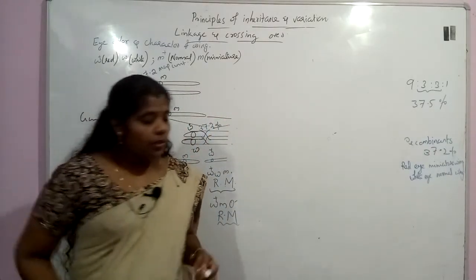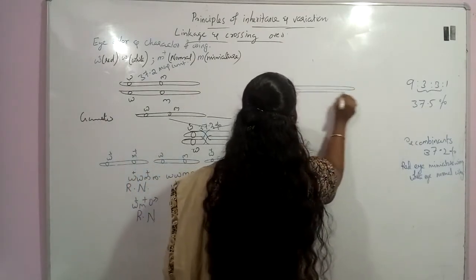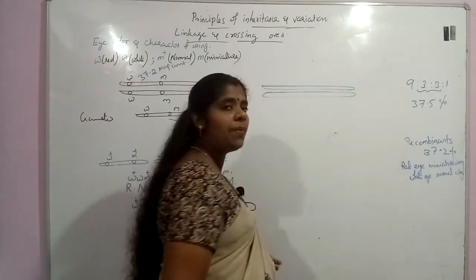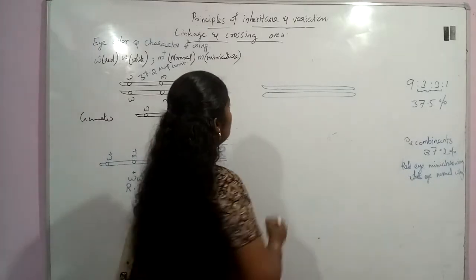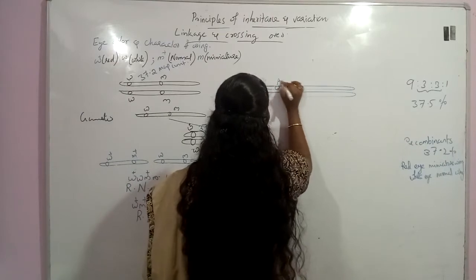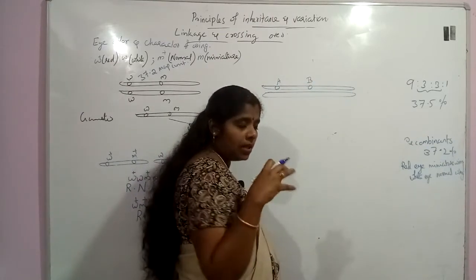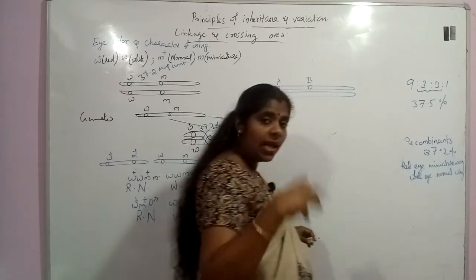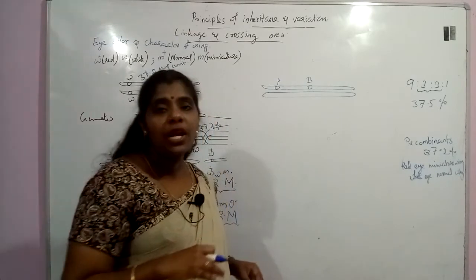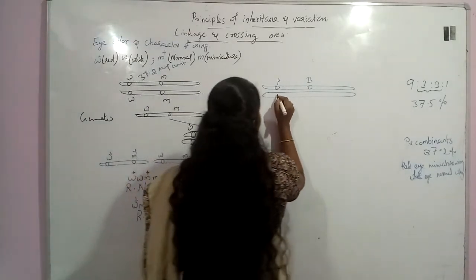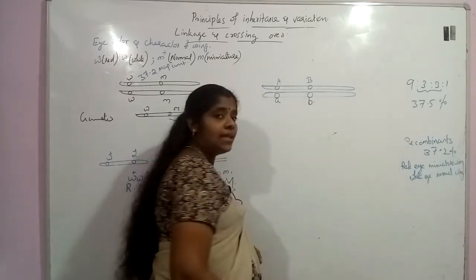If A and B genes are present on a single chromosome, and both genes representing that particular character are present in the same chromosome in dominant form, this is called cis arrangement.